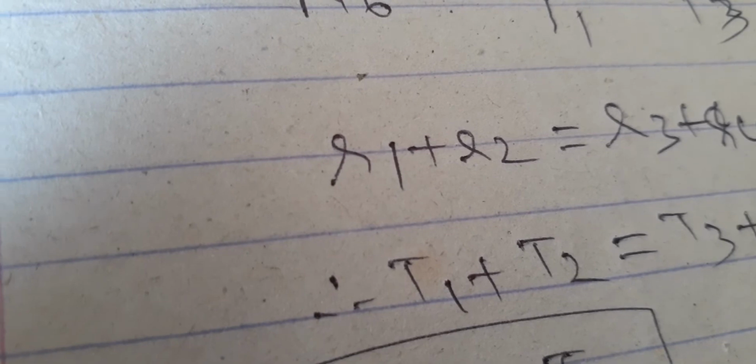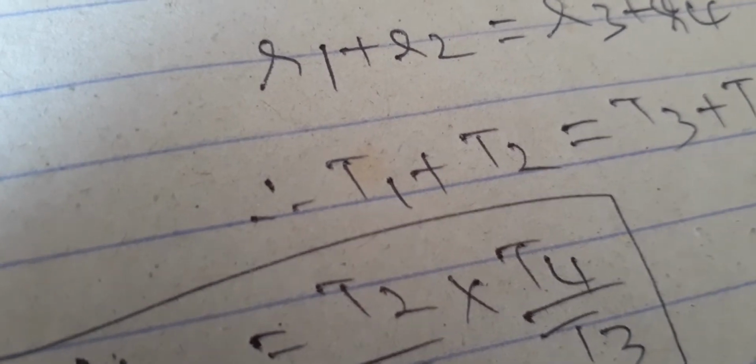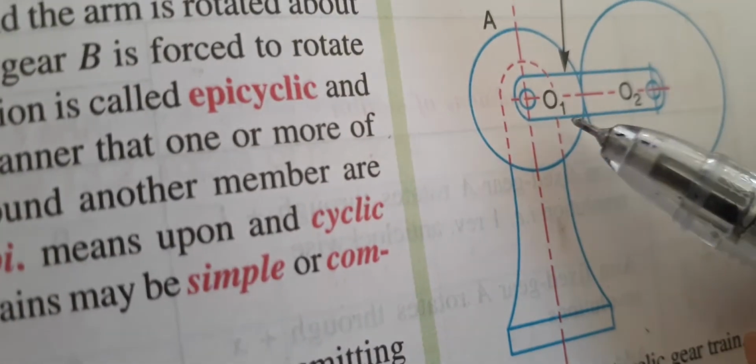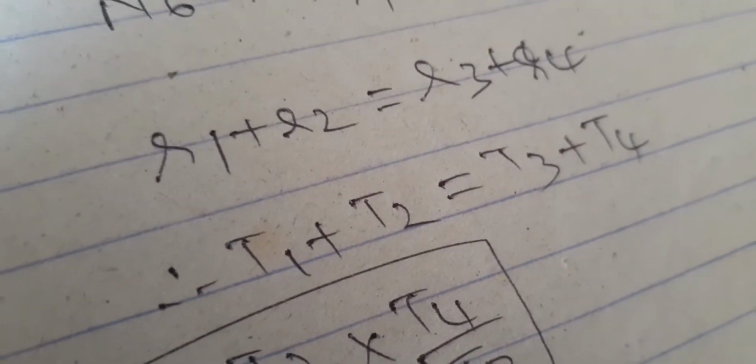We have already discussed that in an epicyclic gear train, the axis of the shaft over which the gears are mounted may move relative to the fixed axis. With relation to this fixed axis, it will move. This is a simple epicyclic gear train shown in the figure.